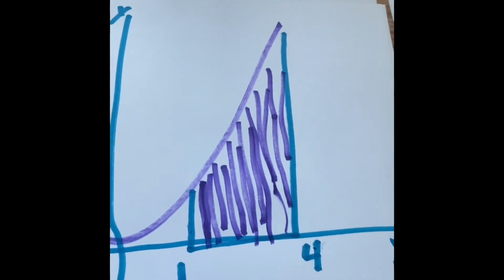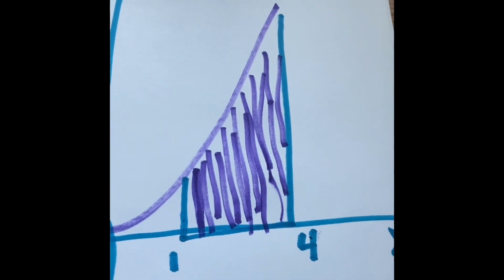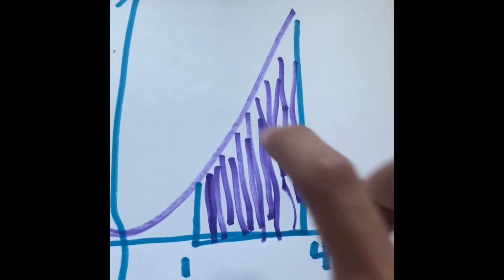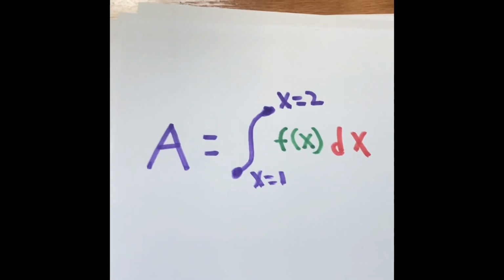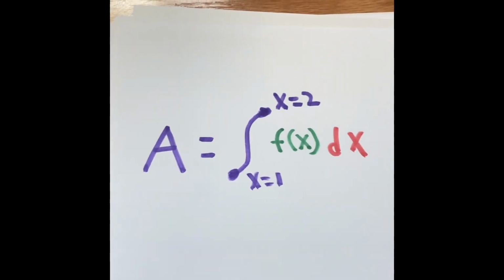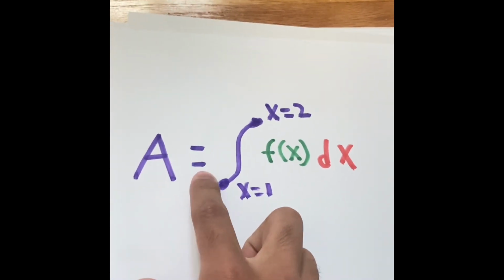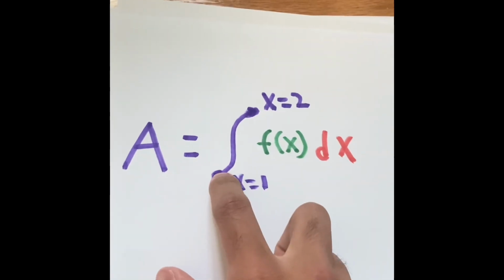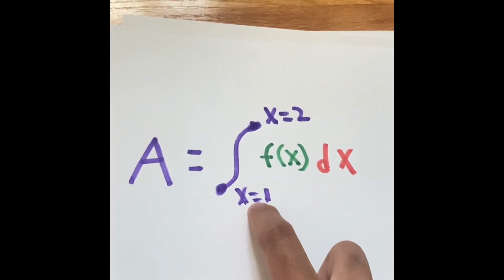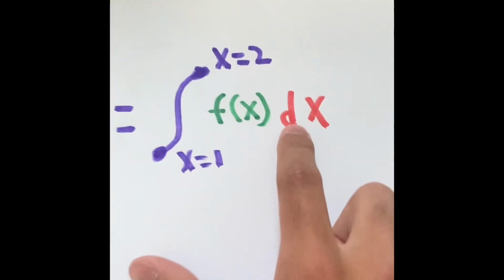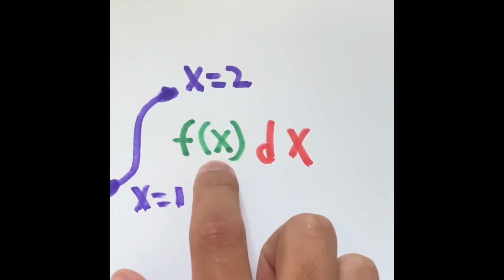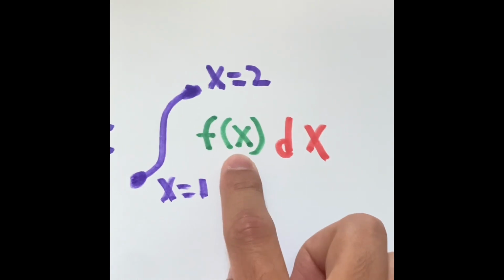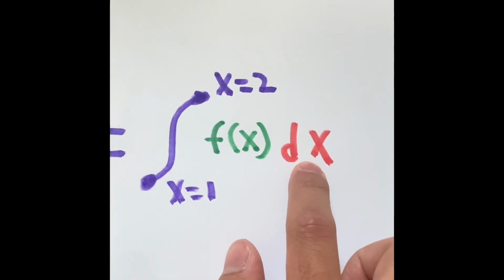So let's get started. To find the area under a curve of an irregular shape, there is a formula we're going to follow. The area of an irregular shape is the integral from your first boundary to your second boundary of the function of x, or whatever you're trying to calculate, dx.